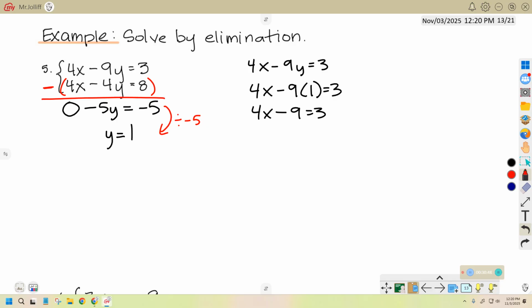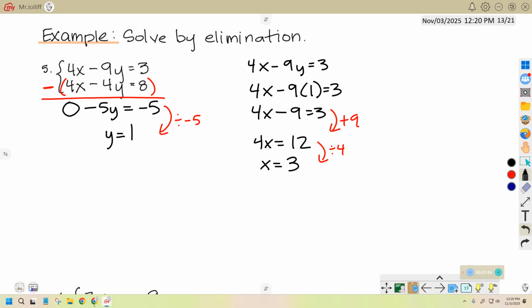And what should I do next? Plus 9 to both sides. So 4x equals 12, assuming I can do addition in my head. Bella, last step. Perfect. Divide out the coefficient on the x. So x equals 3.